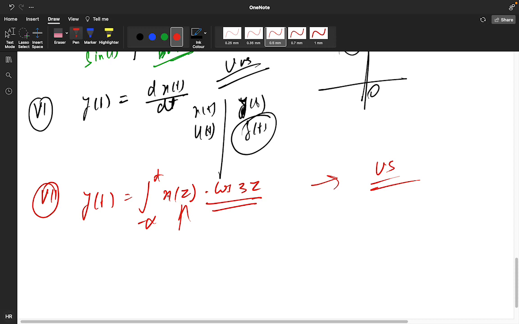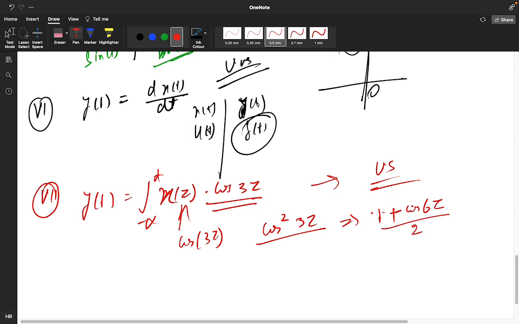If you put x of t as cos 3 tau, it will give cos square 3 tau. What is the formula for this? It is 1 plus cos 6 tau divided by 2. Integrate this from minus infinity to t.